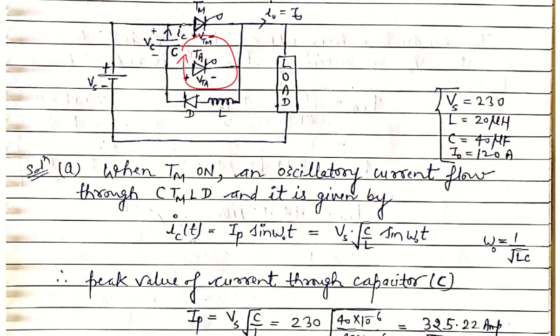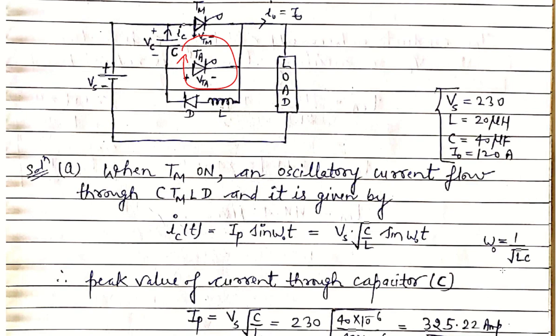To write the expression, as we have seen in earlier lectures, when an LC circuit has DC excitation, we write iC(t) equals IP sine omega naught t, where IP is the peak value of capacitor current, which is Vs into root C by L, sine omega naught t.